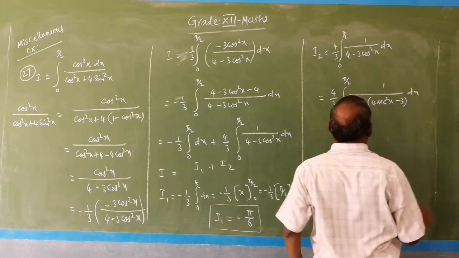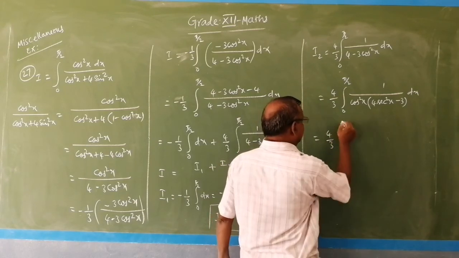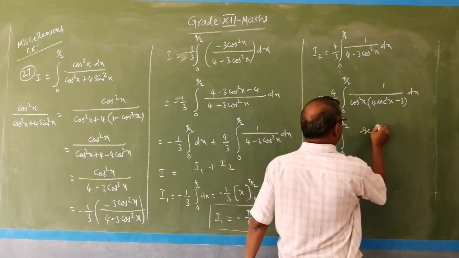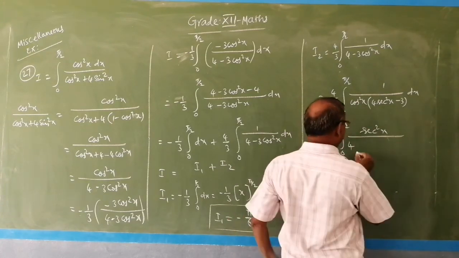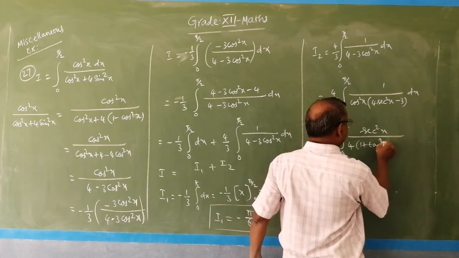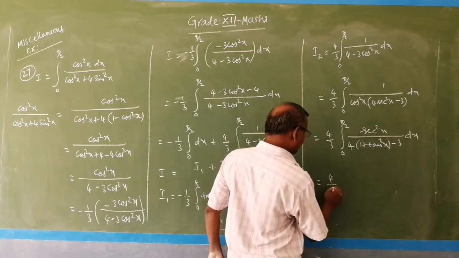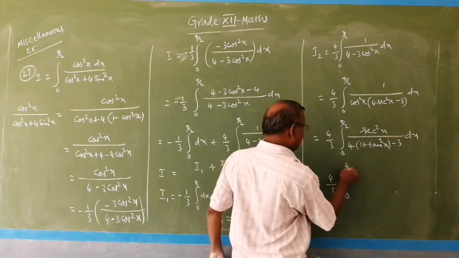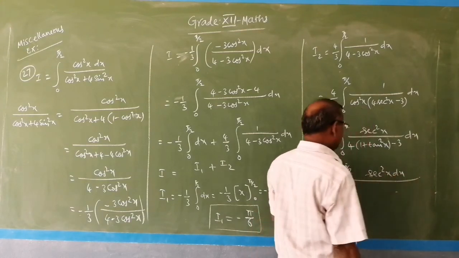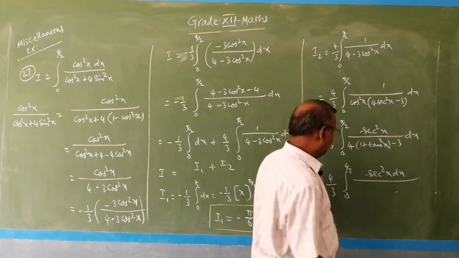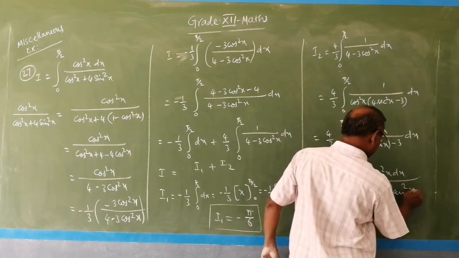So bring the cos square x to the numerator. We have 4 by 3 integral 0 to pi by 2 secant square x, and in the denominator we have 4 secant square x minus 3, where secant square x can be written as 1 plus tan square x. So this is equal to 4 by 3 integral 0 to pi by 2 secant square x dx divided by 4 ones are 4, 4 minus 3 is 1, 1 plus 4 tan square x.